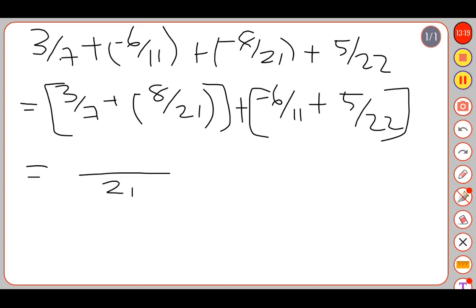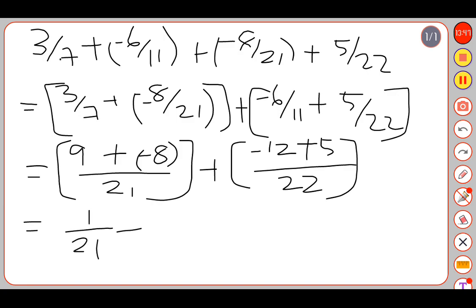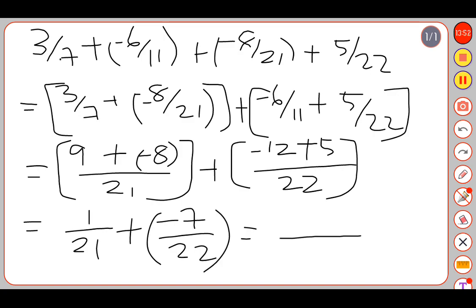21 divided by 7, 3 3s are 9, plus minus 8, and here the LCM is 22. 22 divided by 11 we will get 2, 2 sixes are 12, minus 12 plus 5. So here we get 1/21 plus (-7/22). We will take the LCM of 21 and 22 and we will get 462. 462 divided by 21 we will get 22.